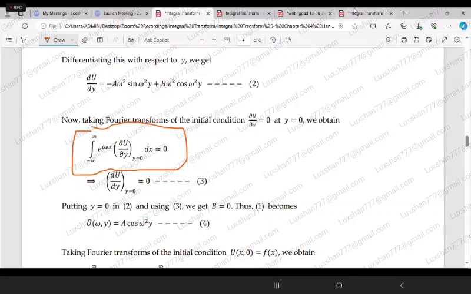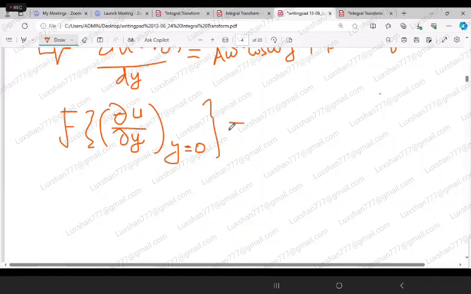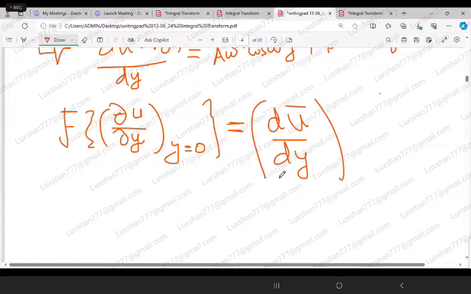Now you know this, no? The Fourier transform of this one is equal to ∂u bar over ∂y when y equals 0.